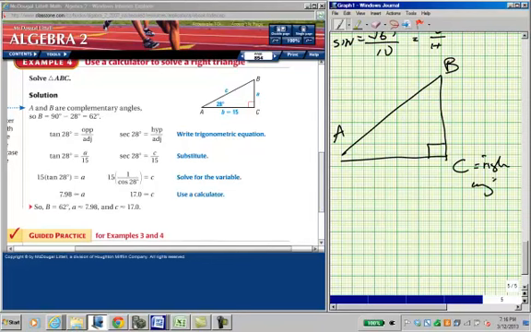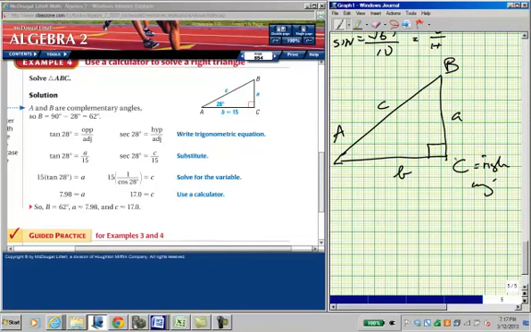And then we have little a, little b, and little c. These refer to the lengths of the sides, and they're always opposite the angle that they share the letter with. So side a is opposite angle A, side b is opposite angle B, and side c is opposite angle C.